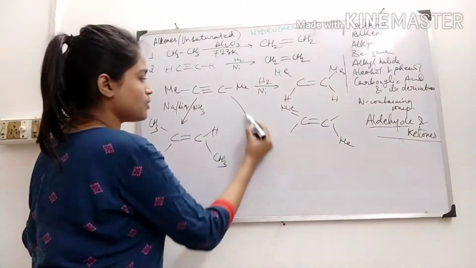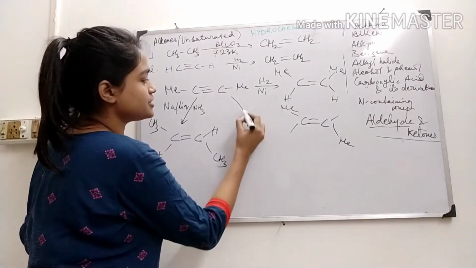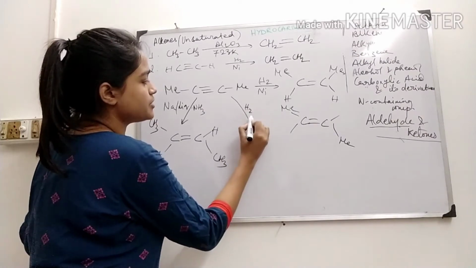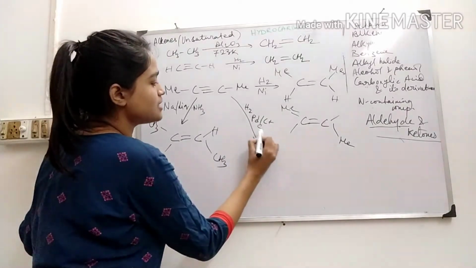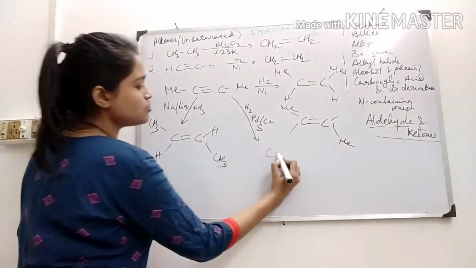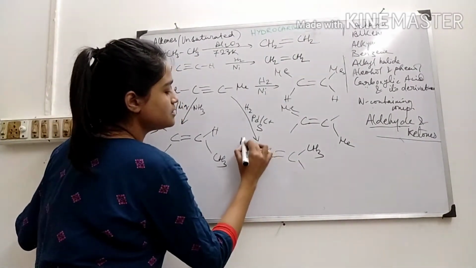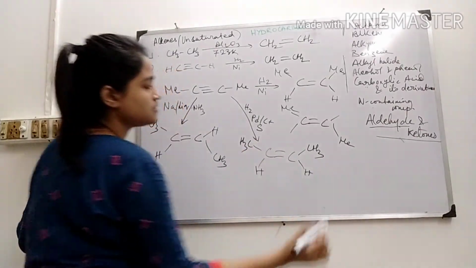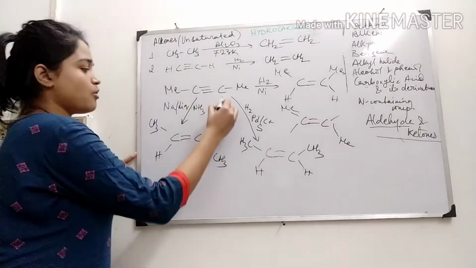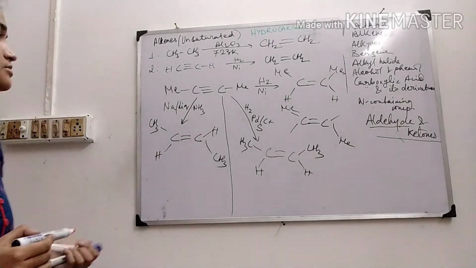If I treat it with Lindlar's reagent, that is hydrogen in the presence of palladium, carbon and sulfur, this will give rise to the cis alkene. So the reagent is very important.